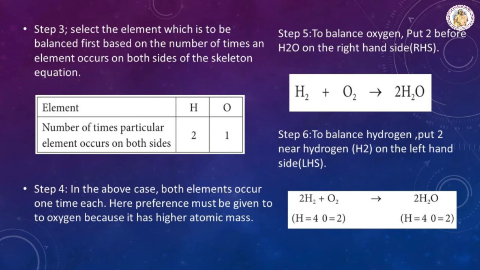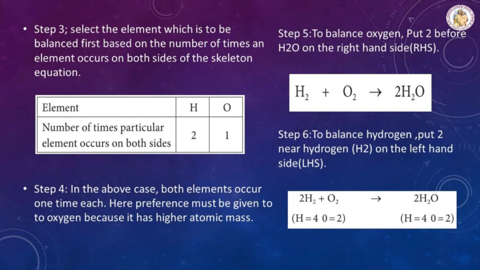Select the element which is to be balanced first based on the number of times an element occurs on both sides of the skeletal equation. So here the number of times hydrogen appears on both sides is 2. On the left hand side it is 2 and the right hand side is also 2. And what about oxygen?